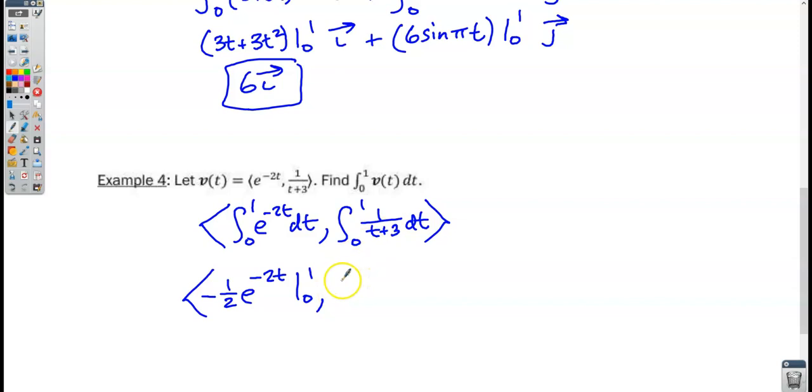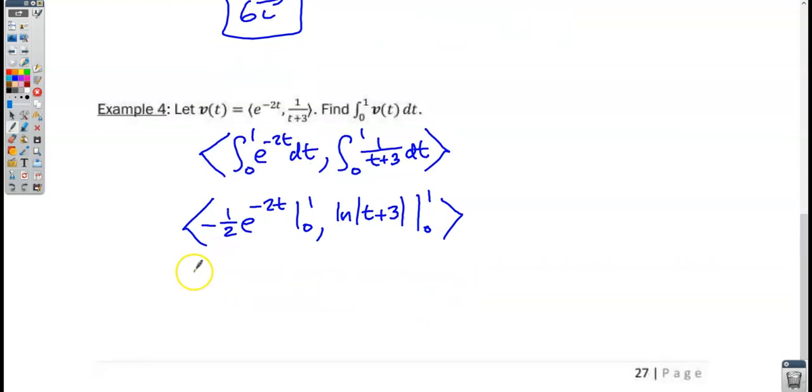And the antiderivative of 1 over t plus 3 is the natural log of the absolute value of t plus 3, which we're going to evaluate from 0 to 1. And that'll enable us to find our components here.